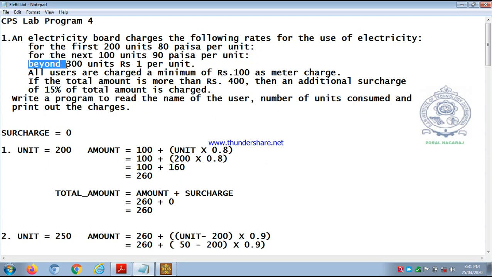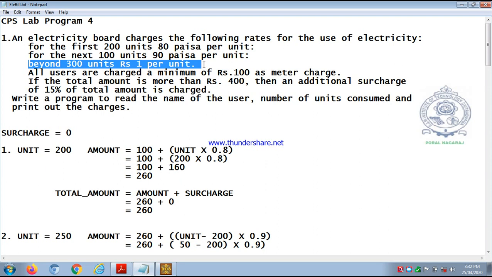Up to 300 units. Beyond 300 units, rupees 1 per unit. So up to 300 units, for the first 200 units it is 80 paisa, and from 201 units to 300 units 90 paisa, and above 300 units rupees 1 per unit will be charged.